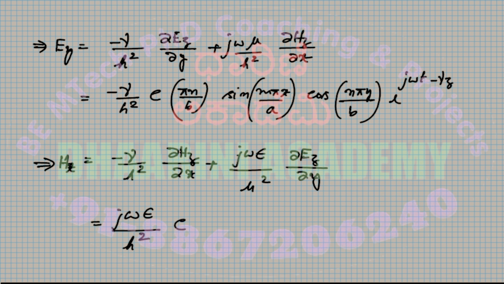Differentiation is with respect to y, so the coefficient of y inside the sine comes out, that is n pi divided by b.